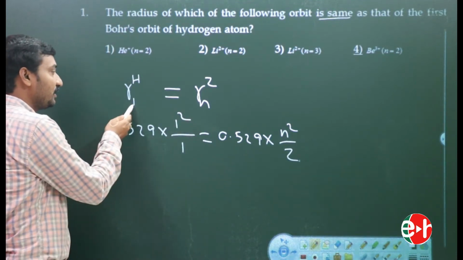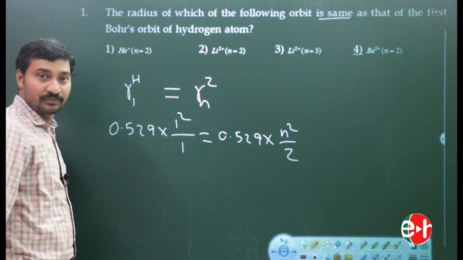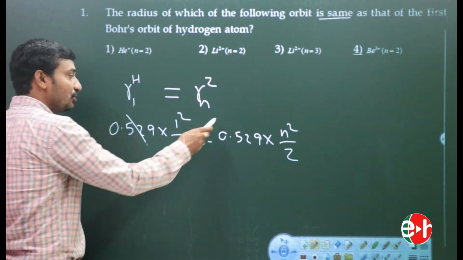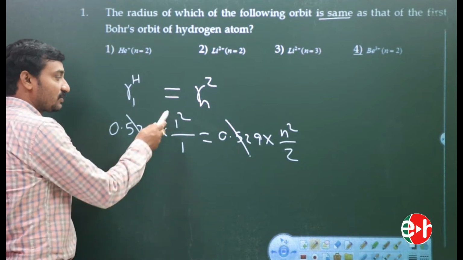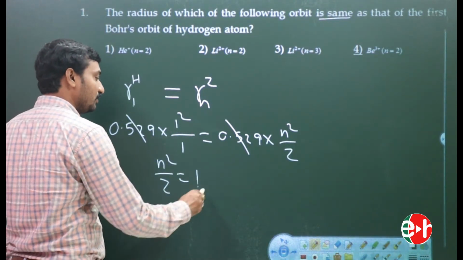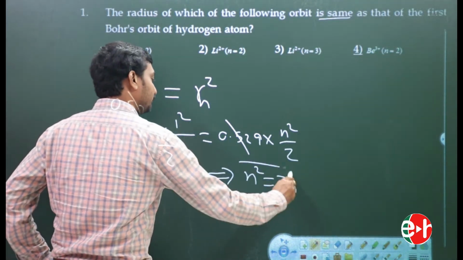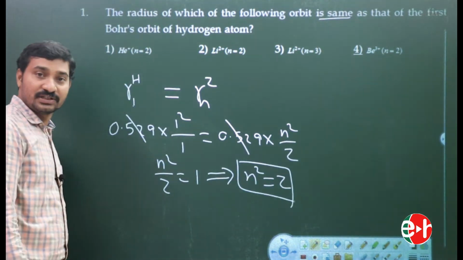Here we know the first orbit, so n value is 1, and hydrogen atom has atomic number 1. 0.529 cancels, 1 square by 1 is 1. Then n square by Z is equal to 1. That implies n square is equal to Z.